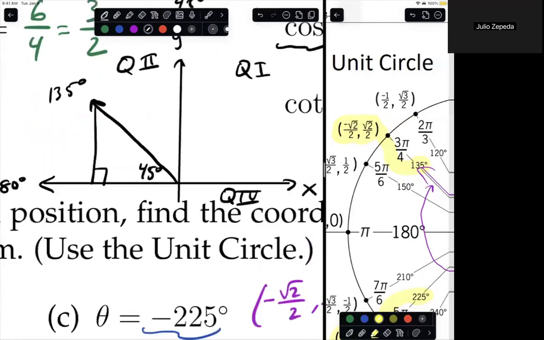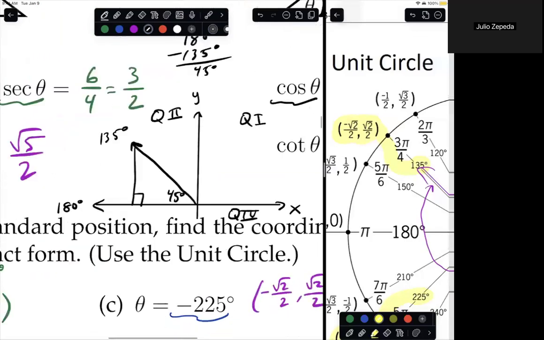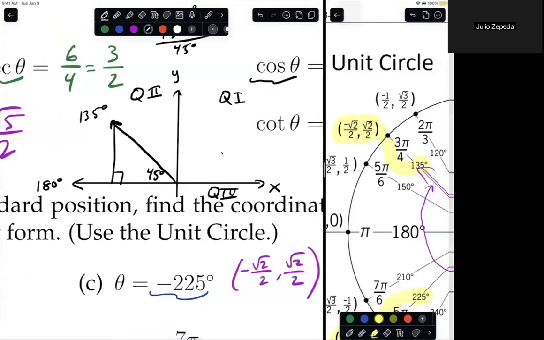So that 45-degree angle has a name, and that is called the reference angle. The reference angle is 45 degrees for a negative 225-degree angle or the 135-degree angle.